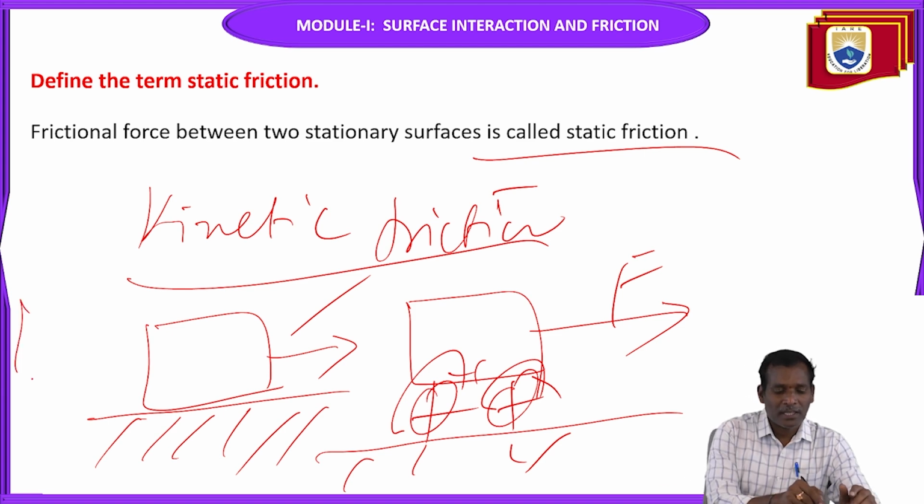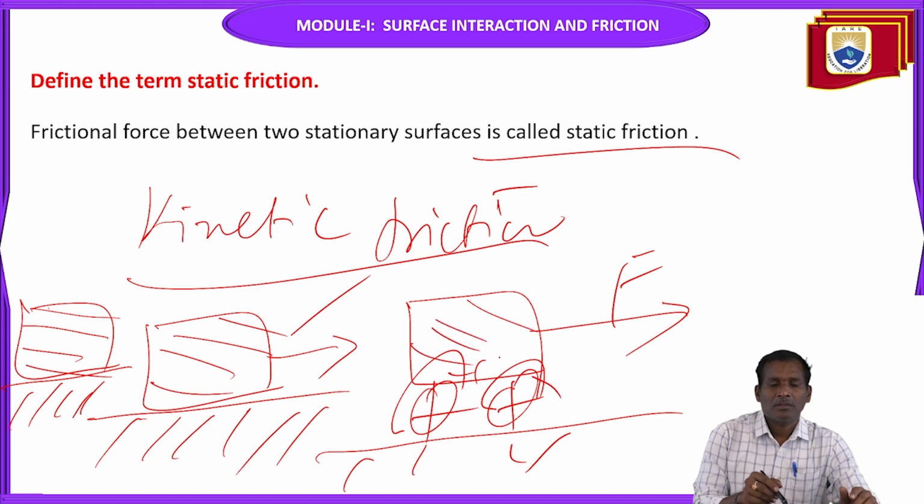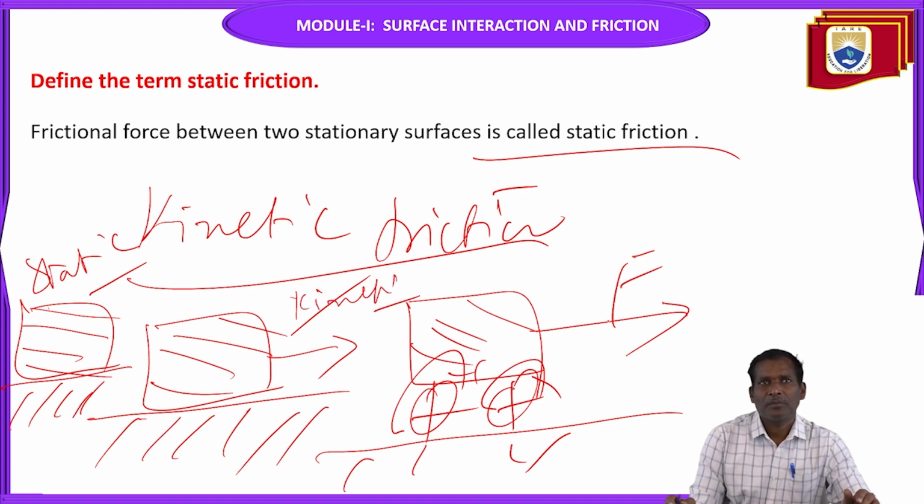When the object is stationary and no force is applied, that is zero force. This is called static friction, and then kinetic friction and rolling friction.